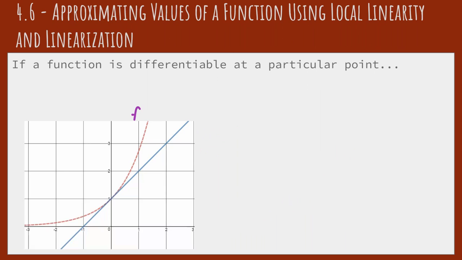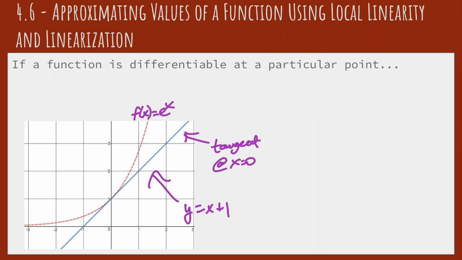So this is f of x equals e to the x, and this is the tangent line at x equals 0. And so this is what we get with that limiting process. We get the slope of this line, and then in conjunction with the value of the function at that point, we can actually write the equation of that line, which in this particular case is y equals x plus 1.